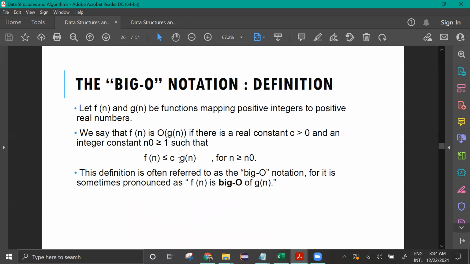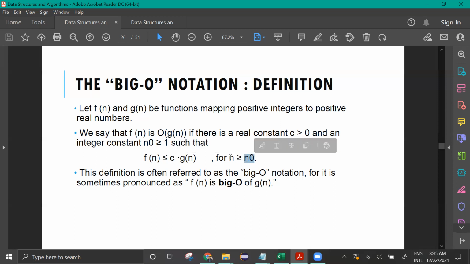In Big O notation, for a given function f(n), we define a function g(n) with the help of 2 constants, C and n0.